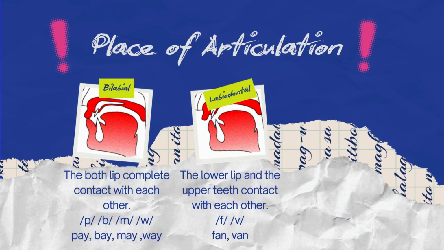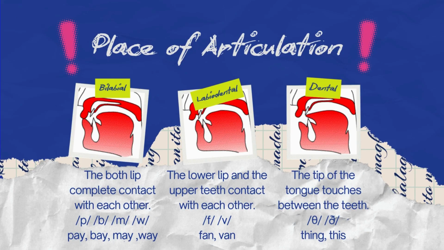Second is labiodental, in which the obstruction is made by the contact of the lower lip and the upper teeth. The consonants of labiodental are f and v. For example, fan and van.